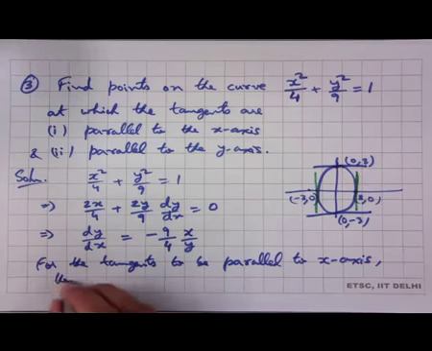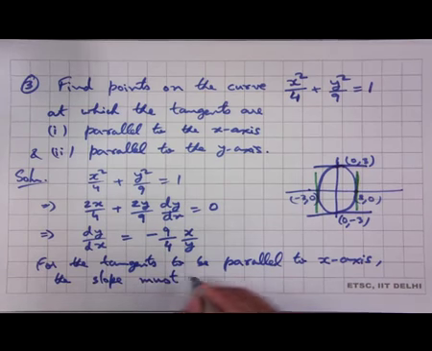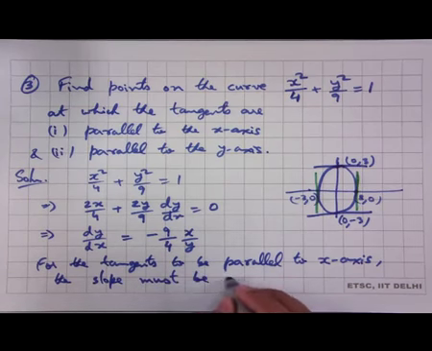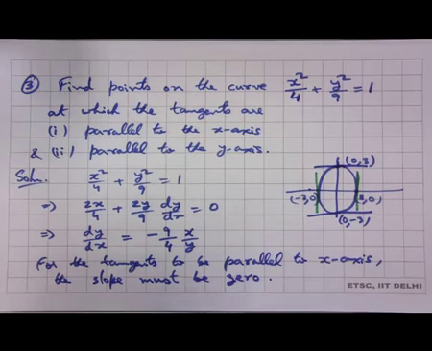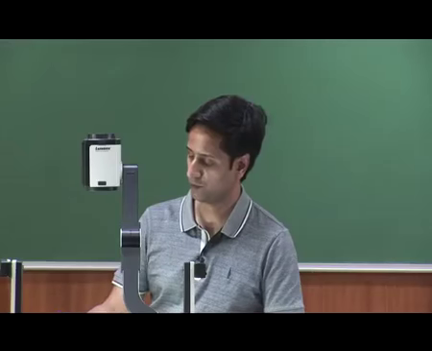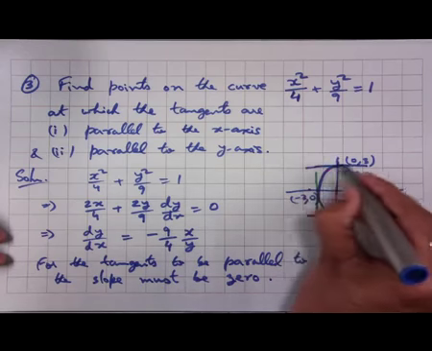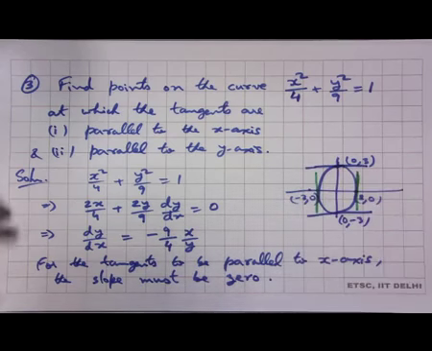The slope must be 0, because slope of the line y equal to constant is 0.